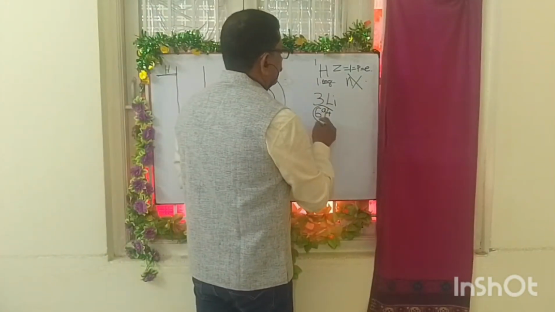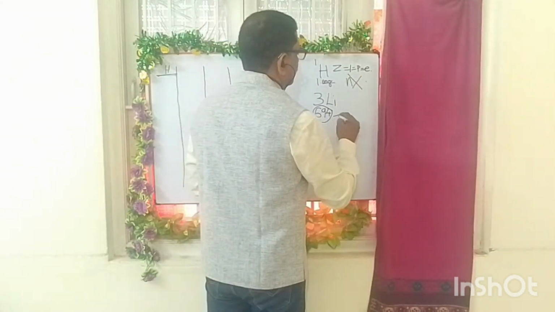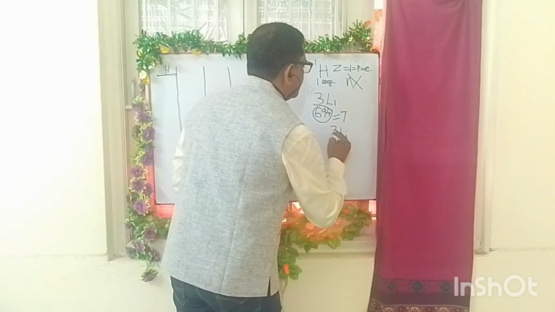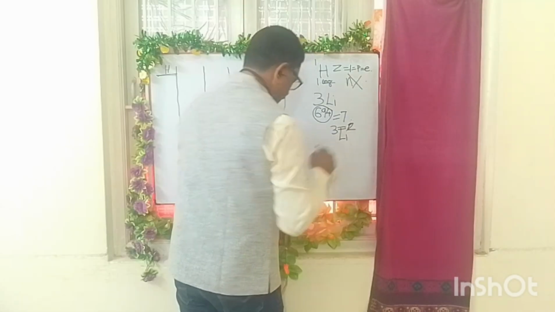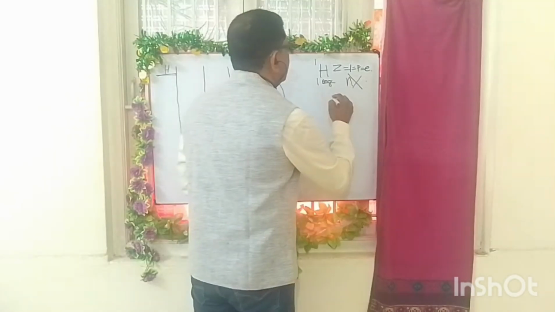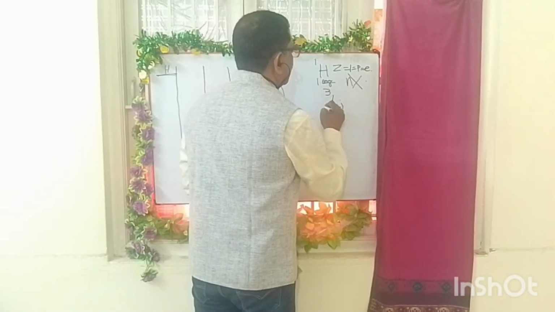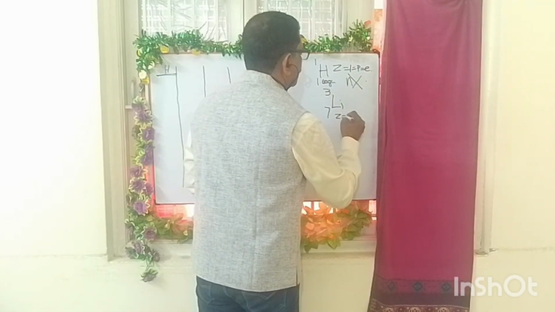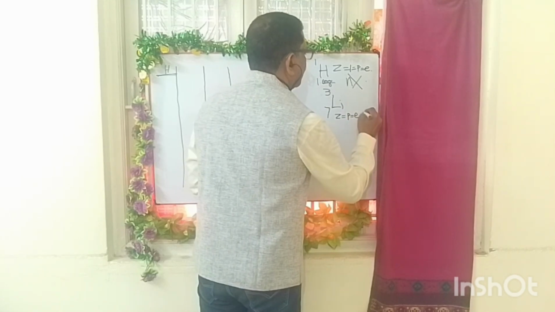6.94. When you round up, because it is 9, much above 5, it will become 7. So lithium atomic number is 3, atomic mass is 7. Lithium should be represented like this. That is Z is equal to P is equal to E is equal to 3.